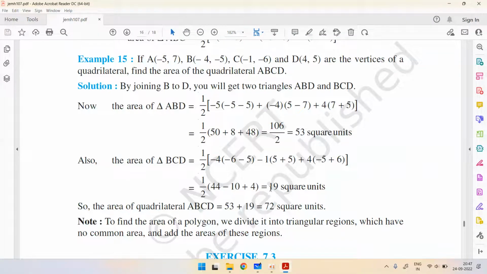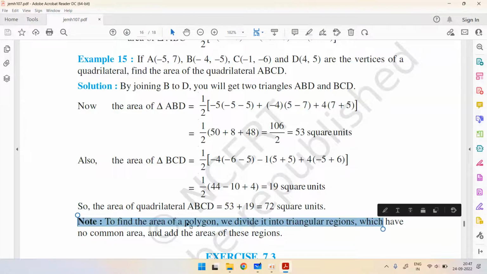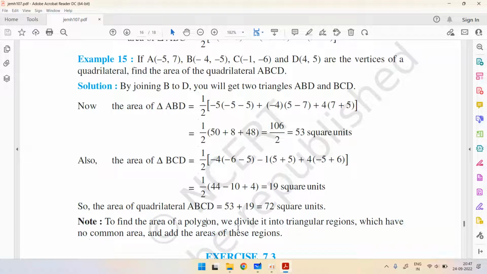So if you calculate, this is 53 and 19, this is 72 units, so it's the answer. This is also a note: to find the area of a polygon, we must divide it into triangular regions which have no common area, and when you add the areas, this will give the area of the region.